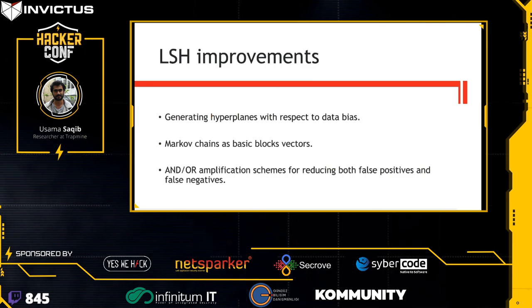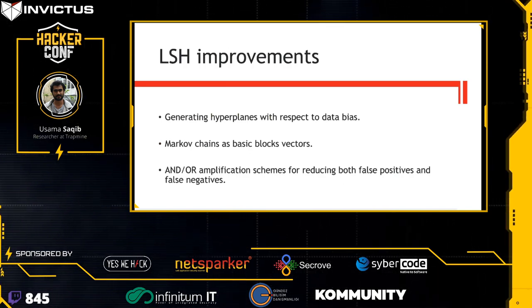For the LSH, right now, the hyperplanes we generate are uniformly distributed in our vector space. Certain hyperplanes, for example, a hyperplane with all negative components, would always lie on one side of all possible basic block vectors. The reason for this is that we cannot have negative instruction counts.